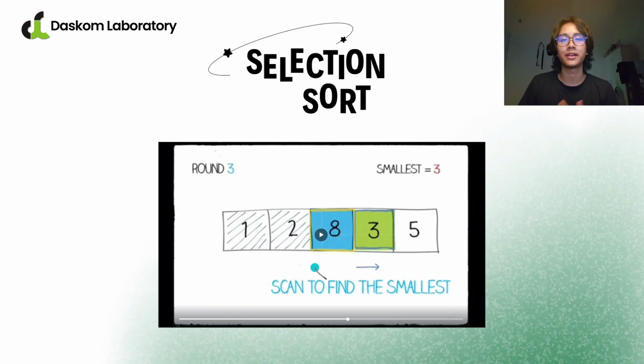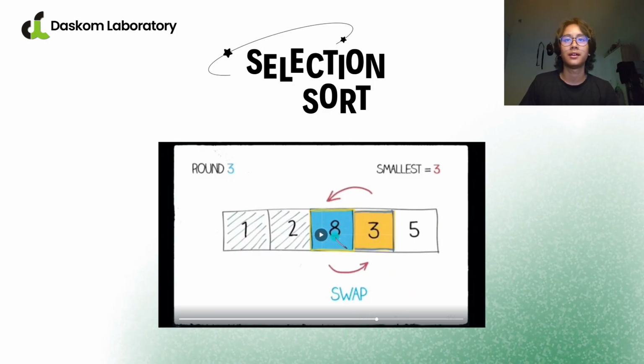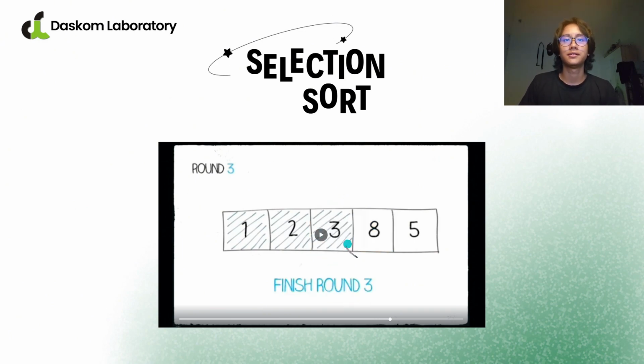After that, we repeat again. We have to find the minimum or smallest value between 8, 3 and 5. Of course, 3 is the smallest, and we swap it with 8. After that, 3 is in the correct position, so we can go to the next step.